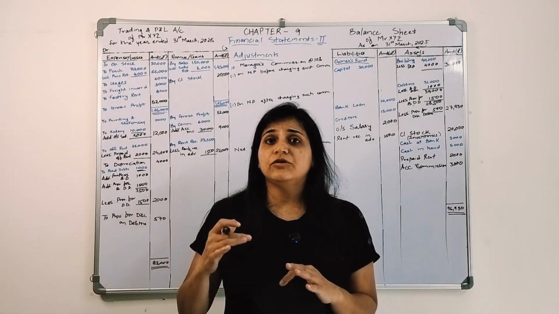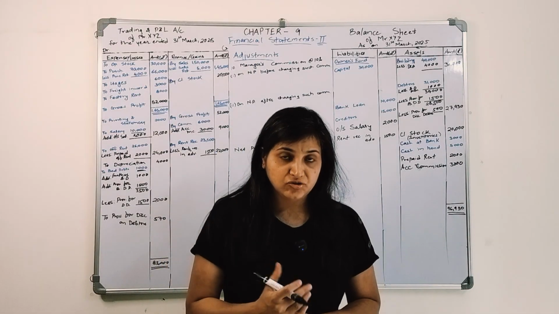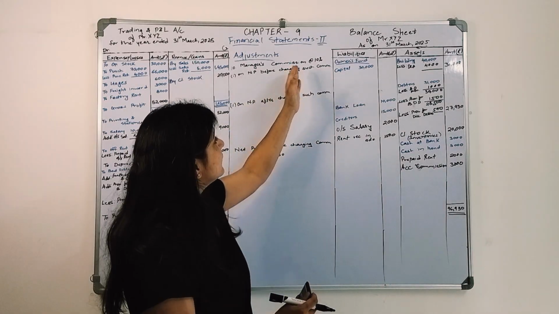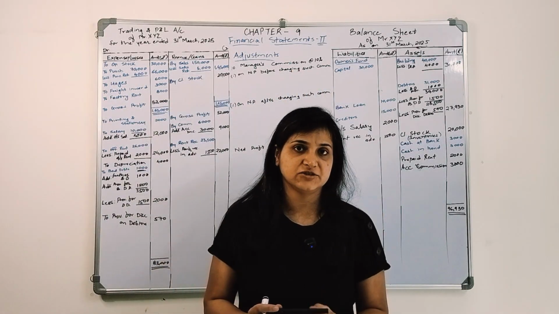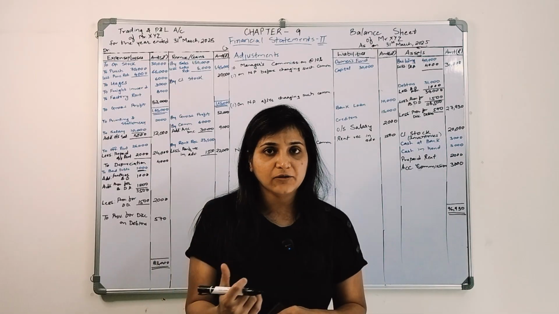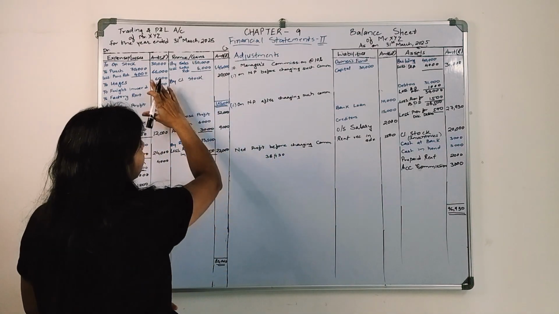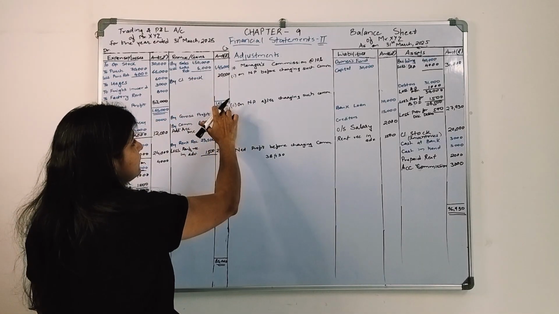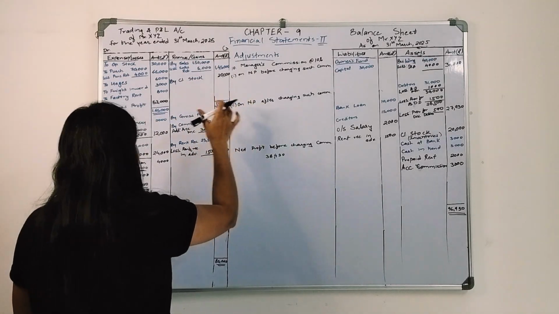So we now need to calculate the manager's commission. What is being written? Manager's commission on net profit before charging such commission. So we need to first calculate the net profit, right? So first we will need to calculate the gross profit. The total on the credit side is 1,65,000.